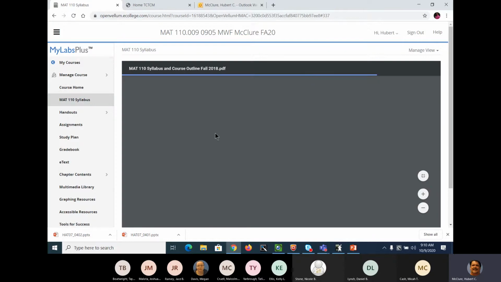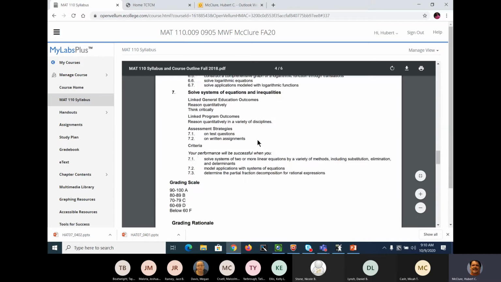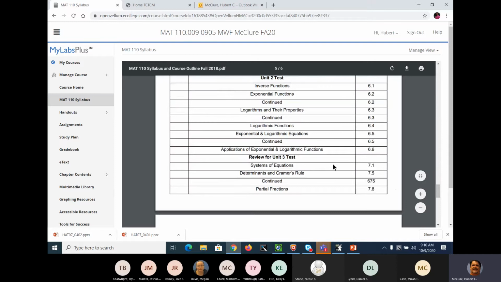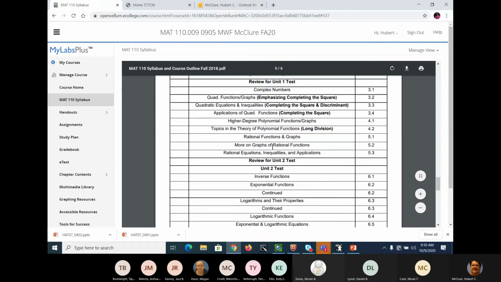I think 5.2 and 5.3 is when we're actually going to see more graphs, rational graphs. 5.3 is probably where you're going to see the algebra, and long division, which I've got to show you how to do by hand. And the rest of it, 4.1, 5.1, 5.2, those are a lot of graphing applications with the calculator. So just wanted to let you know.